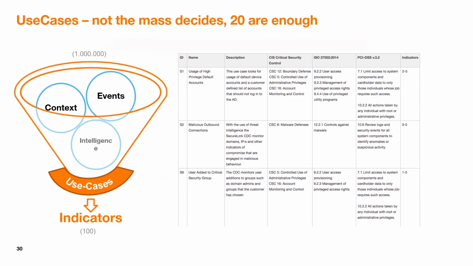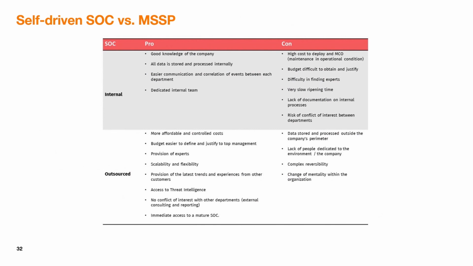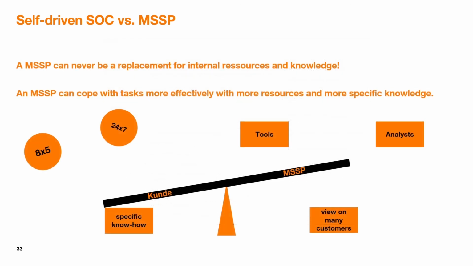And the final question is, should I run my own SOC, or should I run a SOC with an MSSP? There are some pros and cons on both sides. And as a conclusion, on the one side, we have the customer-specific knowledge.